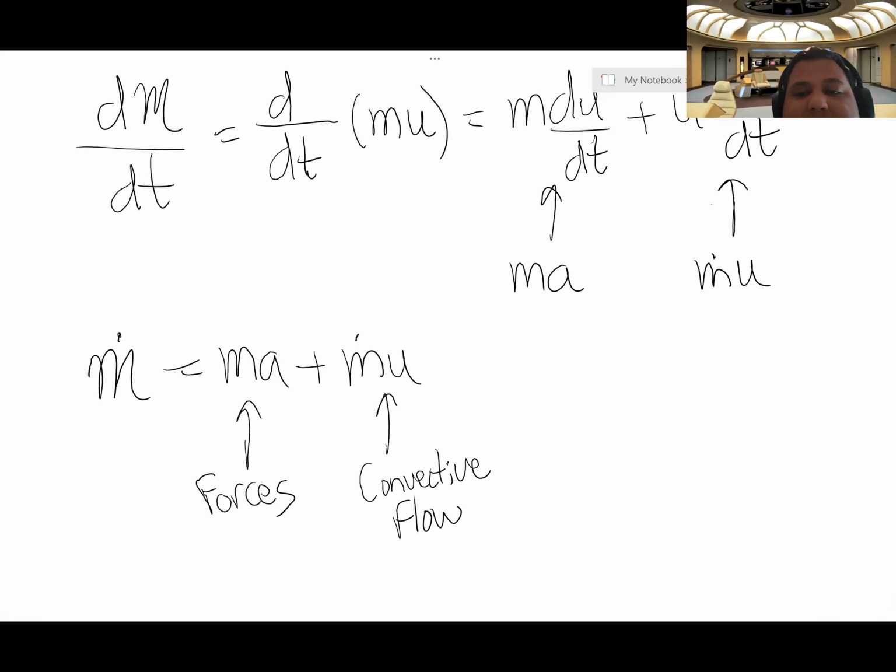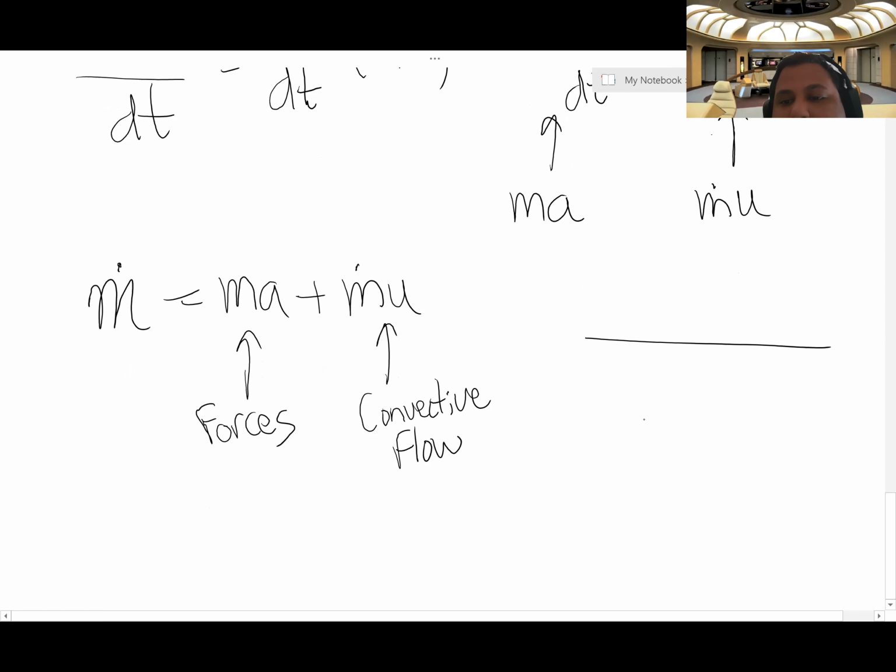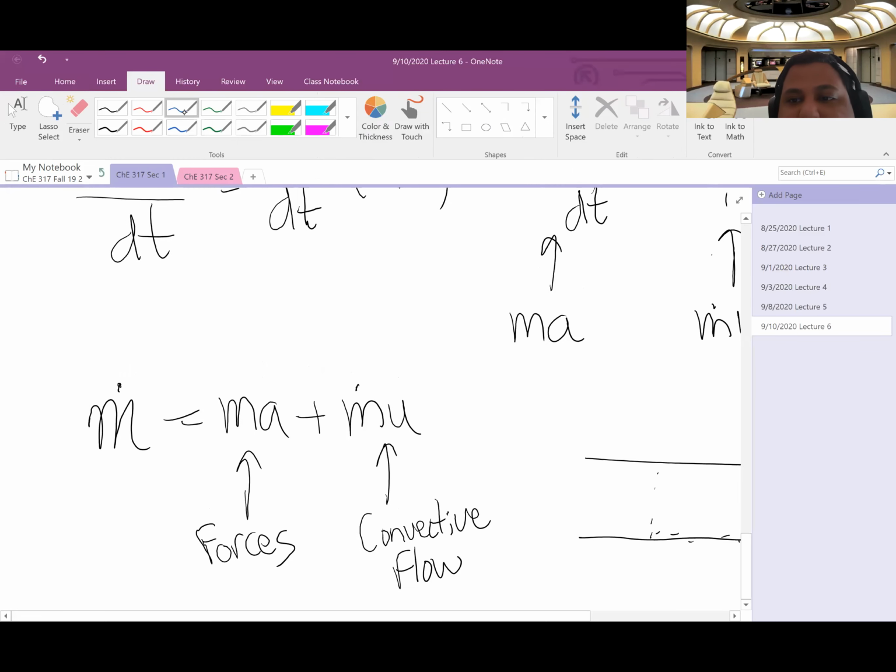Which means if I'm looking at, let's say, fluid in a pipe, and I draw my little system box, I'll make it blue, it's easier to visualize.